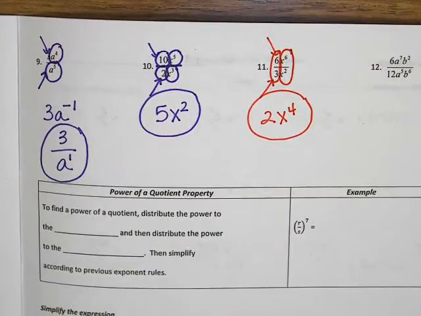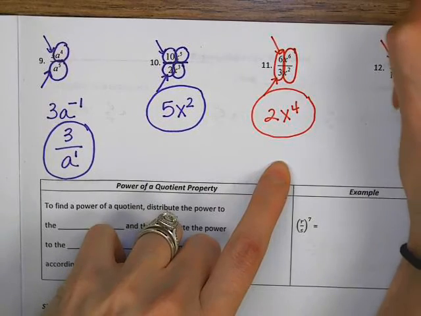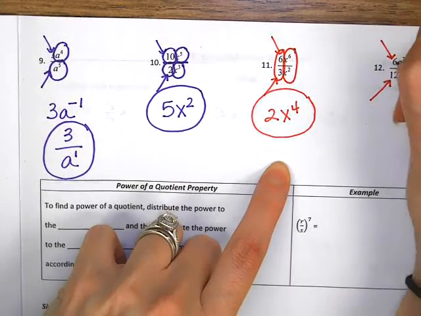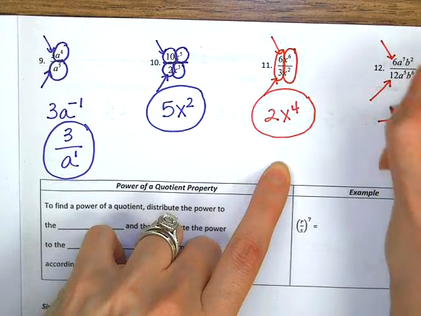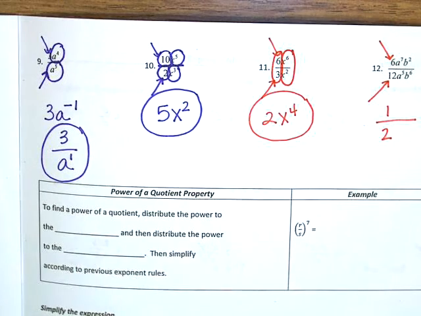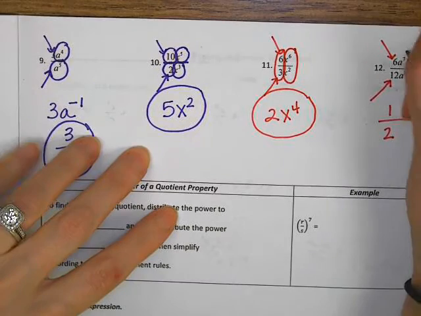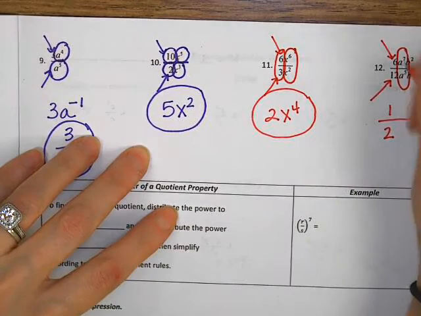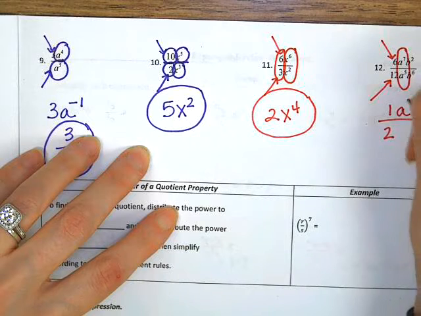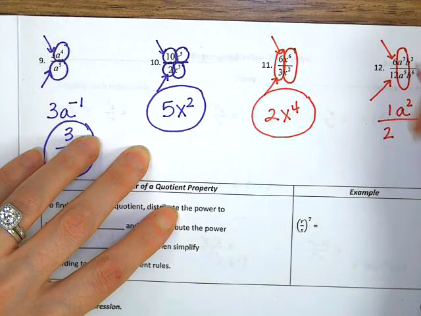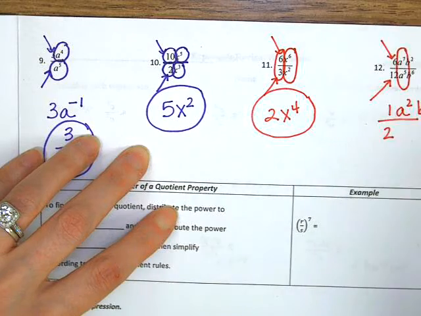And then number 12, normal numbers, when you divide, you divide. 6 divided by 12 reduces to 1/2. So I would just reduce it to 1/2. And then we're going to subtract the a's. 7 minus 5 is a2. And we're going to subtract the b's. 2 minus 6 is negative 4.